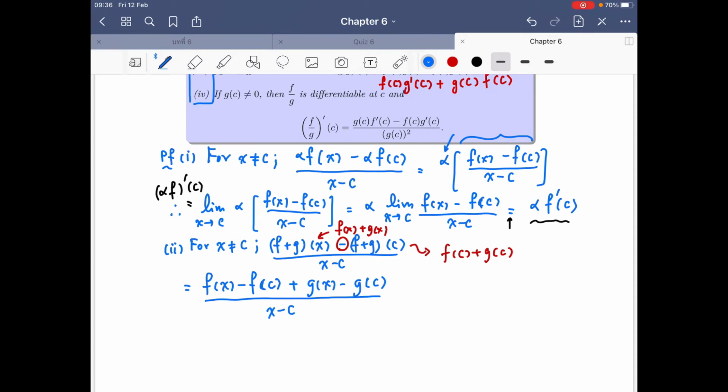In order to add the fractions, you can separate this addition into two fractions: the first one over x minus c, and the second one also over x minus c.